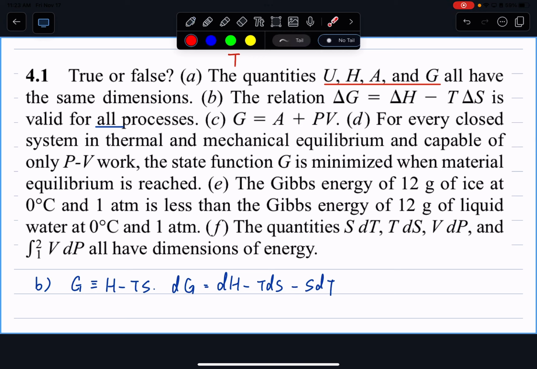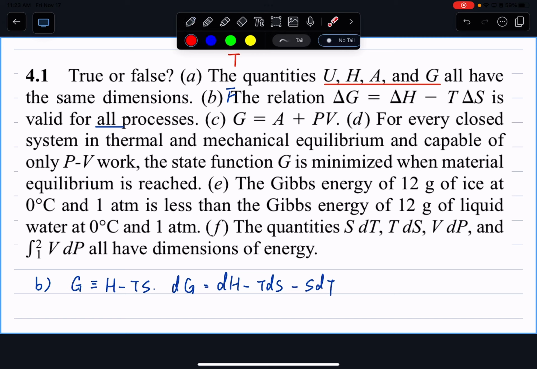And obviously, if you take the integral, it's not always going to give you this kind of integral, unless we're talking about a constant temperature process. So the take-home message is whenever you see it says all processes, just think a little bit more carefully before you put down a true for that question.